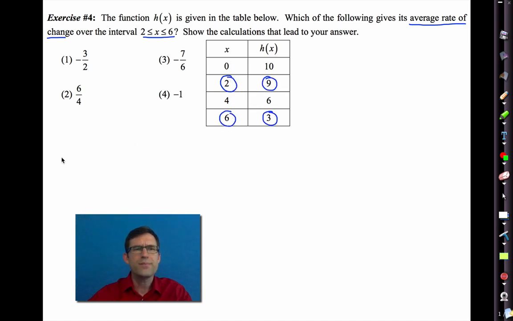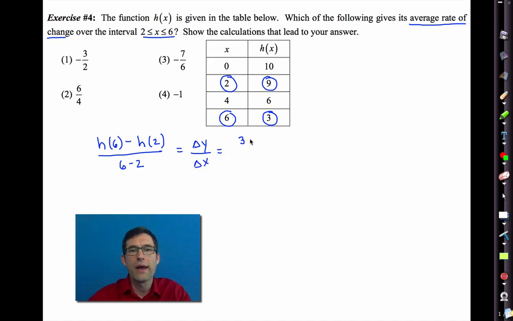Well, the formula is h of 6 minus h of 2 divided by 6 minus 2. But really all that is the change in y divided by the change in x. Now watch out, because y goes down, right? It goes from 9 to 3.